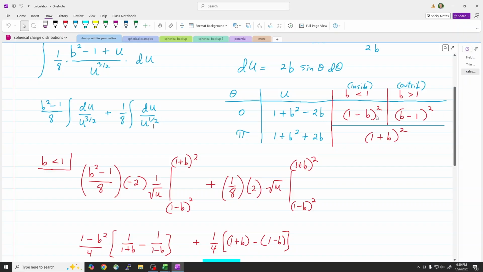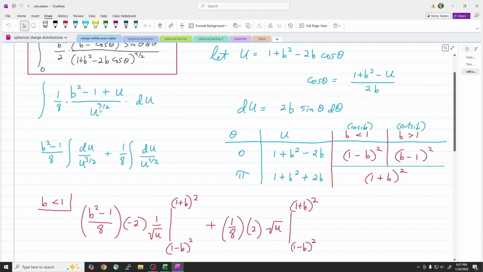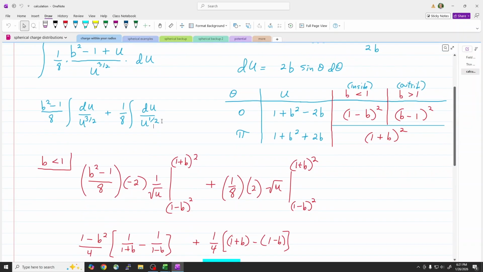There's a little more algebra done here, and in particular, when b is less than 1 as opposed to greater than 1, we would write the 1 plus b squared minus 2b as either 1 minus b squared, because b is less than 1, or in the outside case, b minus 1 squared when b is greater than 1. With that substitution of u, we get this result, and that splits up into these two terms.